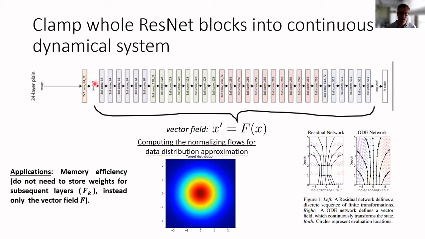The major application is that you can think of deep ResNet layers as a dynamical system. So instead of training each layer separately, let's train a vector field.